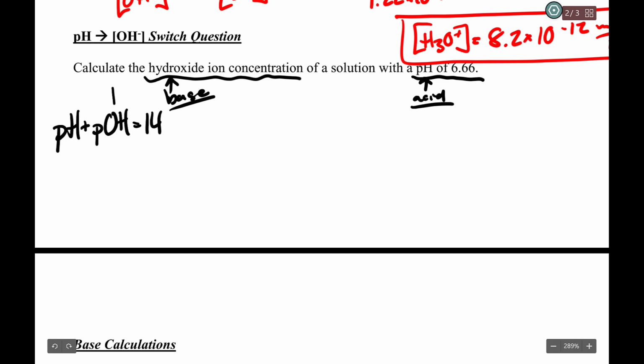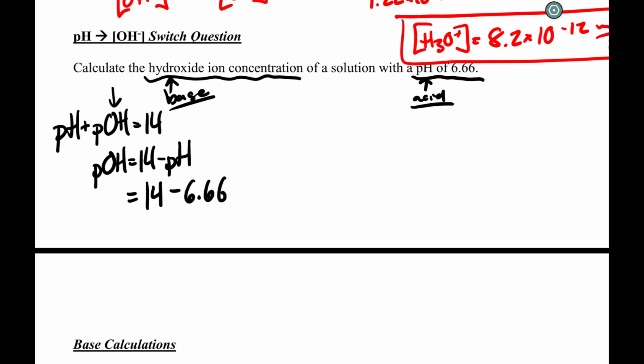And pOH is base. I can turn a pOH into a hydroxide ion concentration really easily. So I'm going to make this pOH is equal to 14 minus pH to get the pOH first. So 14 minus 6.66 is equal to 7.34. This is the pOH.